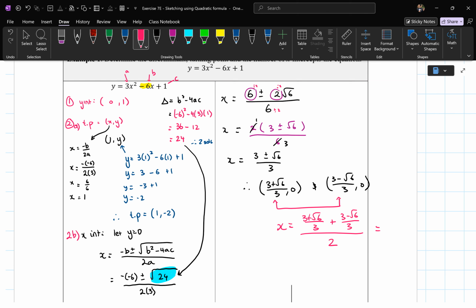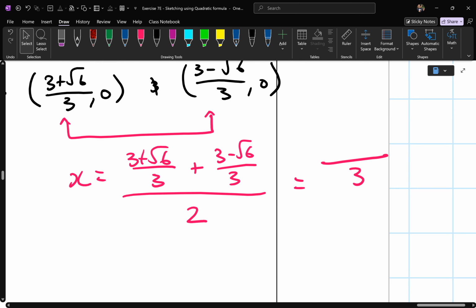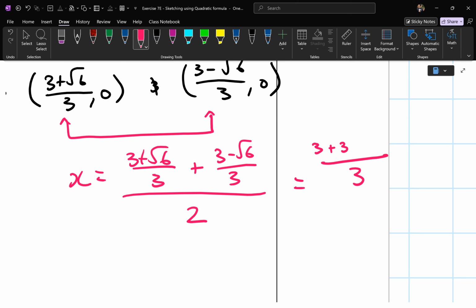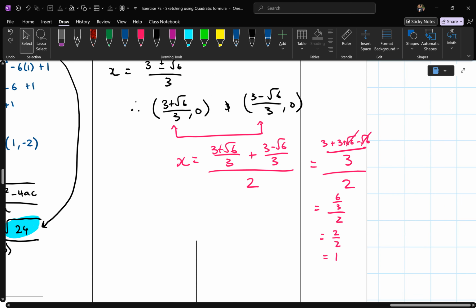If you really wanted to do this, the denominators of the fractions are the same, so you can combine them. So it's 3 plus 3, root 6 plus root 6 minus root 6. So these cancel out. It's all over 2. 3 plus 3 is 6, so 6 divided by 3 divided by 2. And it works out to be 2 divided by 2, which ends up being 1. But that looks nasty, doesn't it?